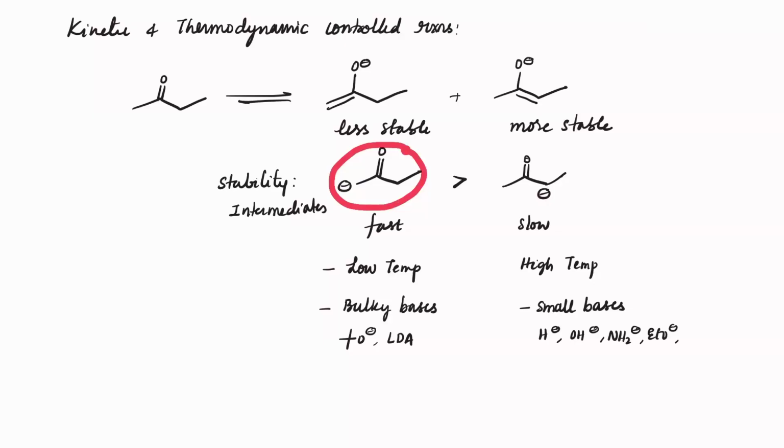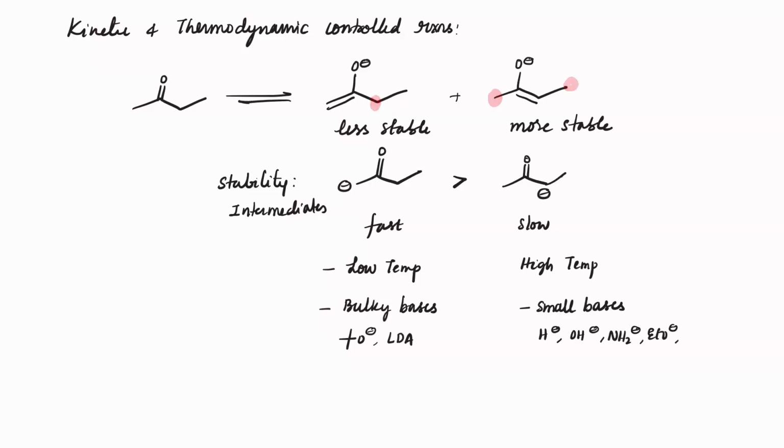But if you write its double bond form, that is the alkene enolate form, in the alkene enolate form, this one is more stable, correct? That is because you have two methyl groups here, both can give almost 6 hydrogens of hyperconjugation. Here you will just have 2 hydrogens of hyperconjugation.